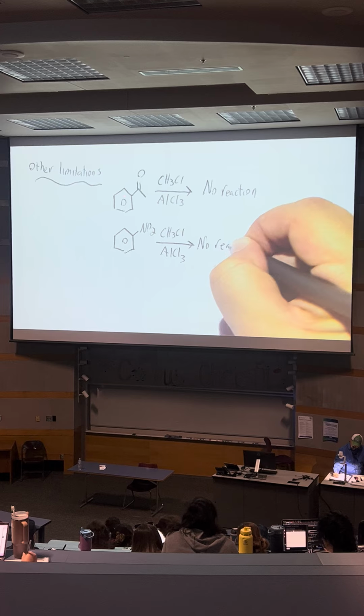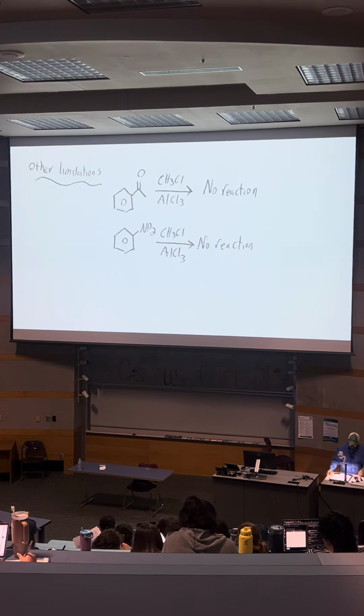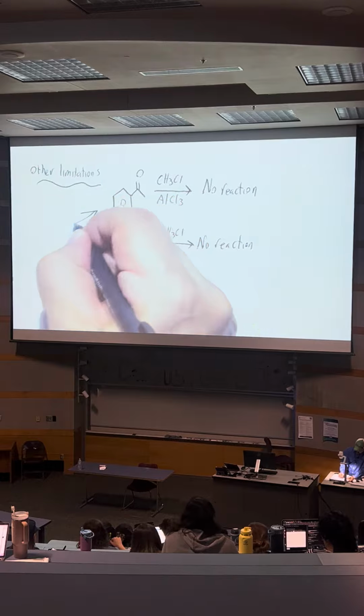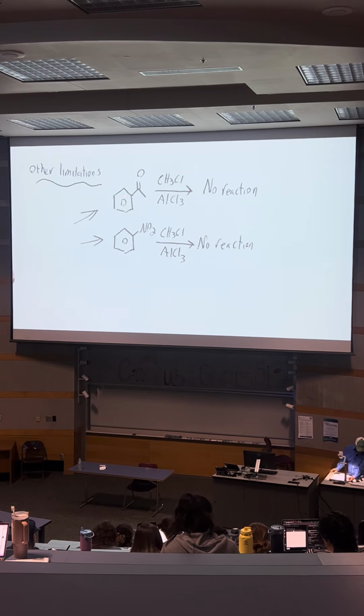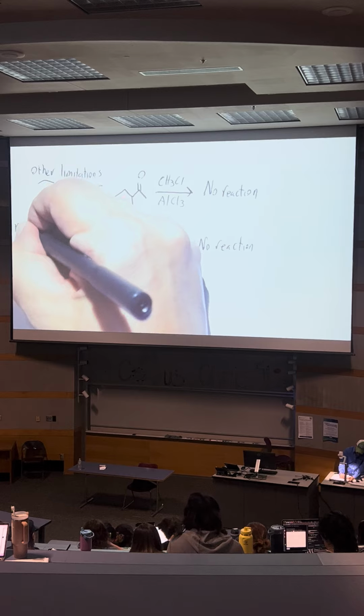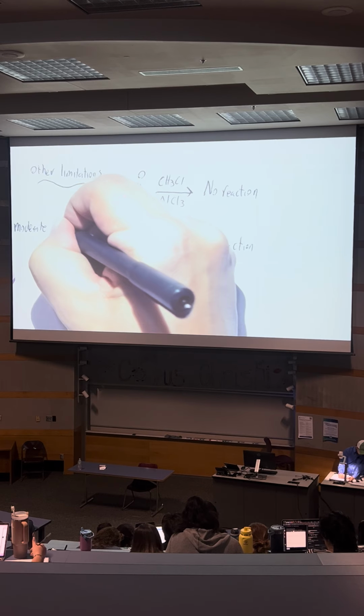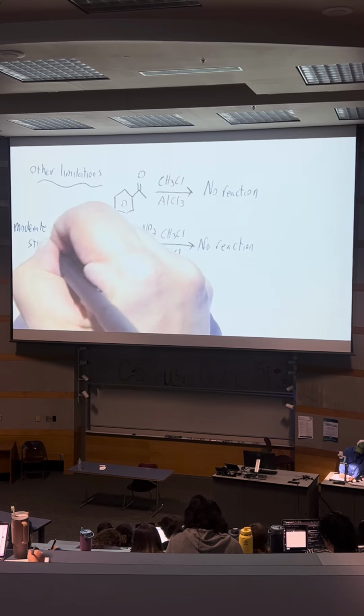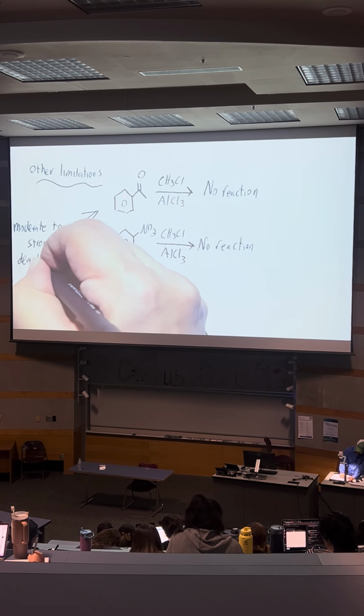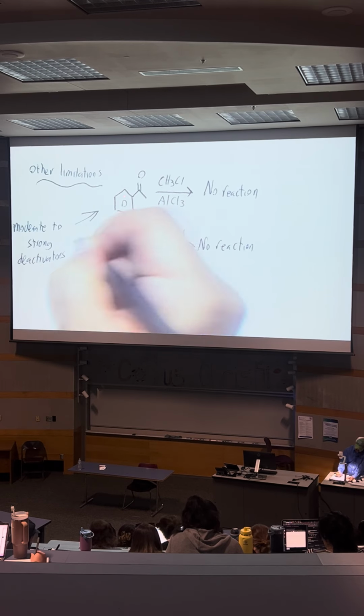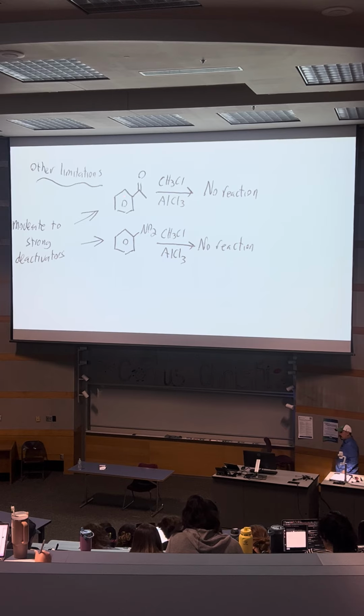No reaction. And so what we're pointing at here is that these are moderate to strong deactivators. If you have moderate to strong deactivators already on the aromatic ring, Friedel-Crafts alkylation won't work. You get no reaction.